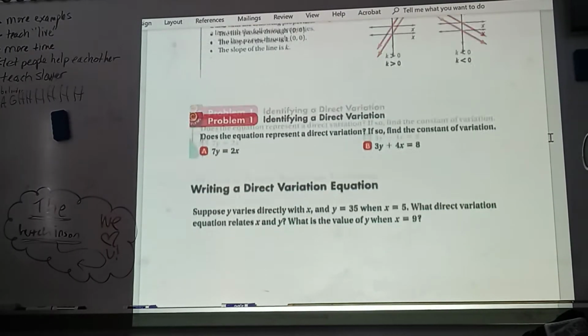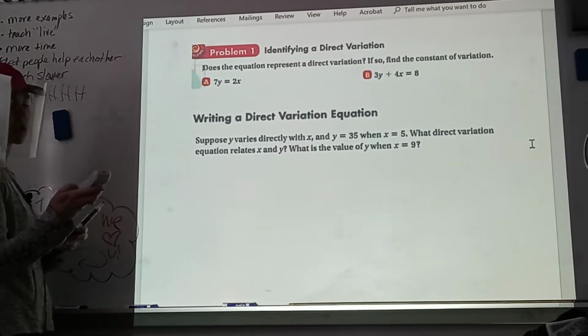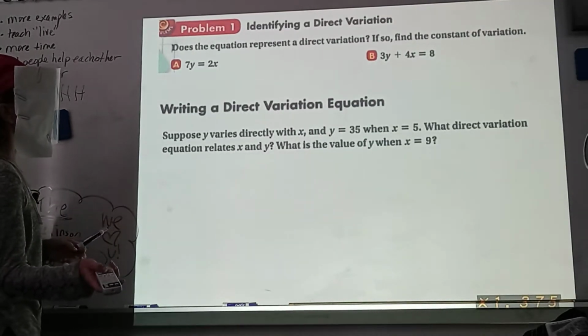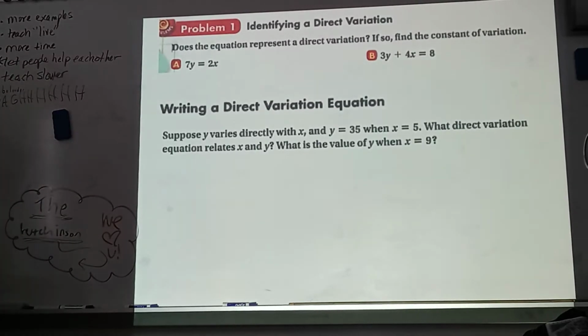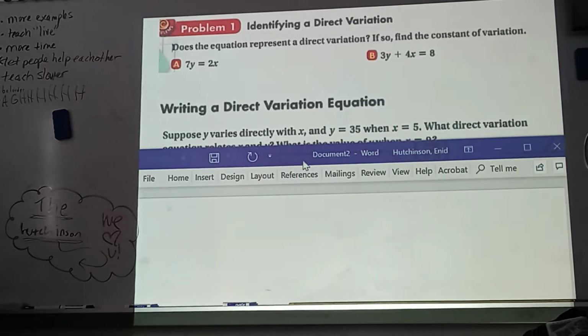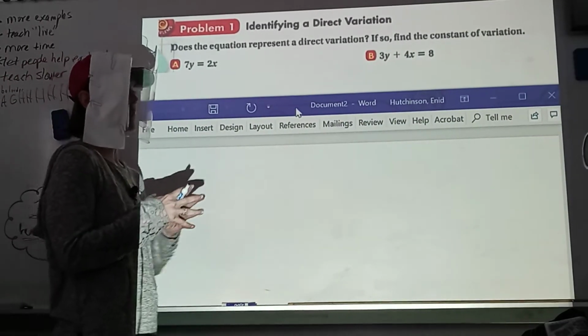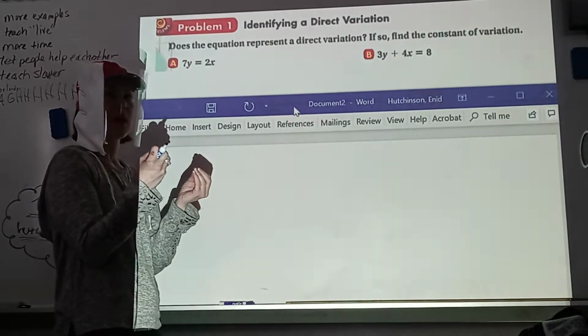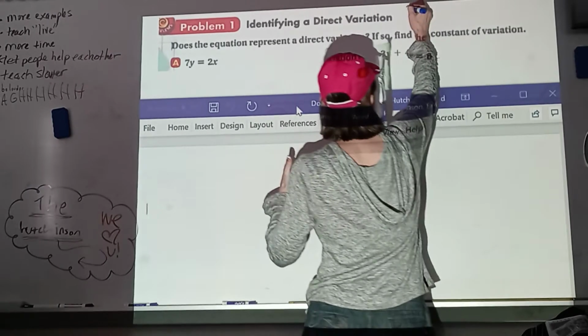Now we're going to talk about identifying a direct variation by looking at it as an equation. I'm going to make this super easy, just like when I was teaching like terms: if it doesn't look exactly the same, then it's not like terms. Let's write y equals kx again.